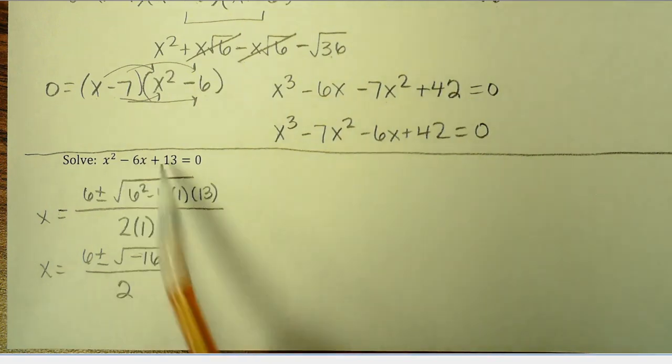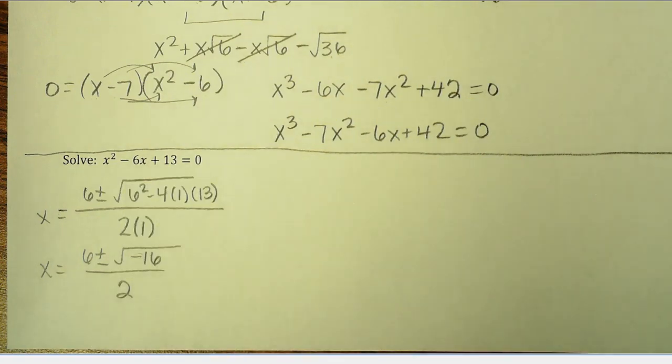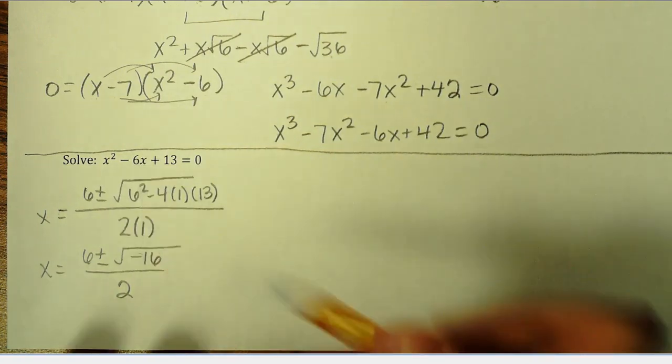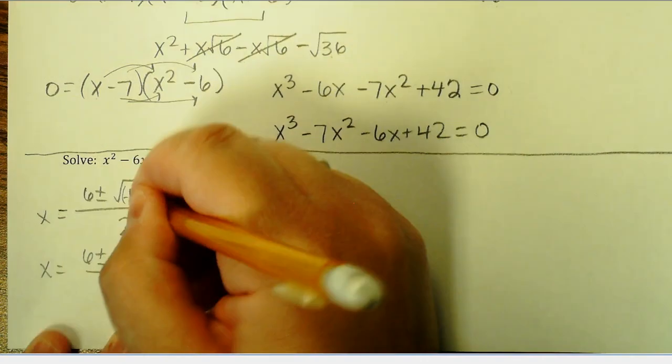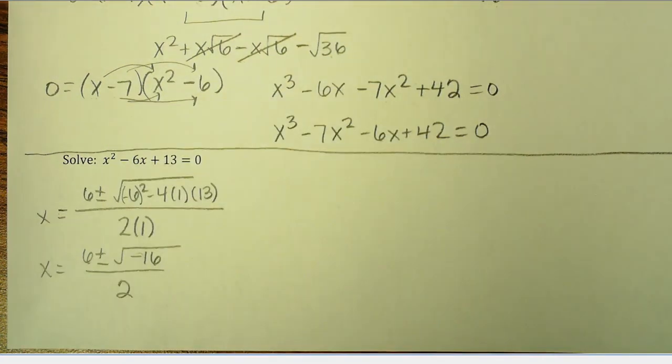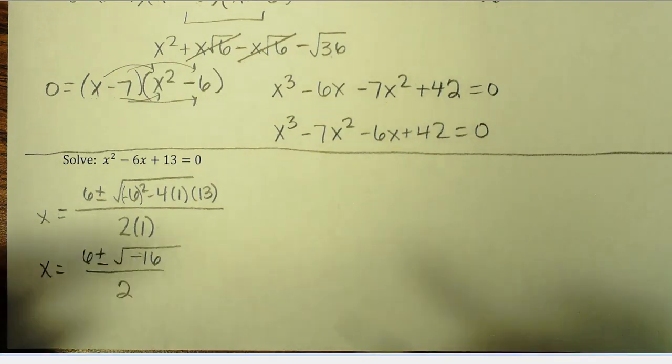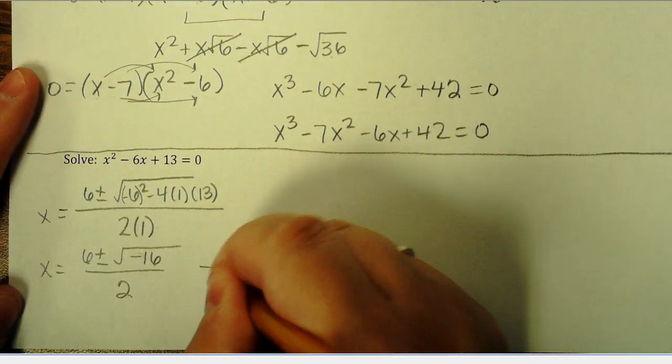This is a quadratic equation that can't be factored, so I'm solving it using the quadratic formula. A is 1, B is negative 6, and C is 13. So I just plugged this in and did the first couple steps of the quadratic formula. When I get here, the 16 is actually a perfect square in imaginary land.